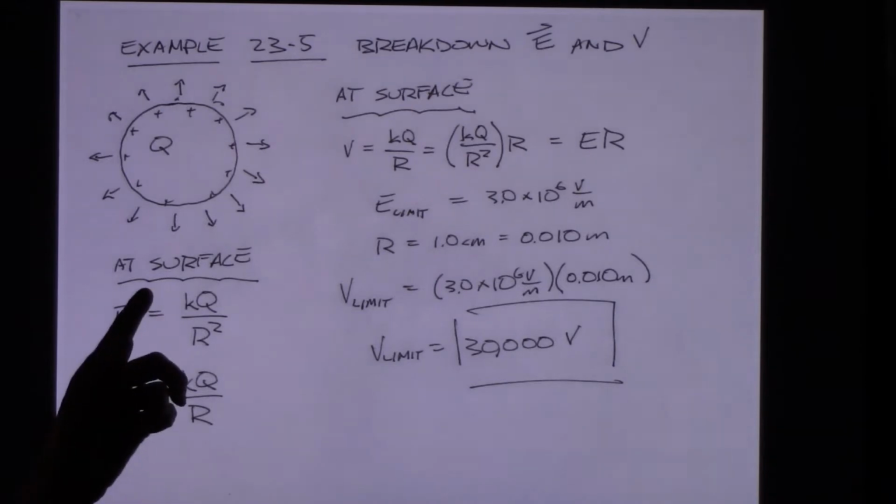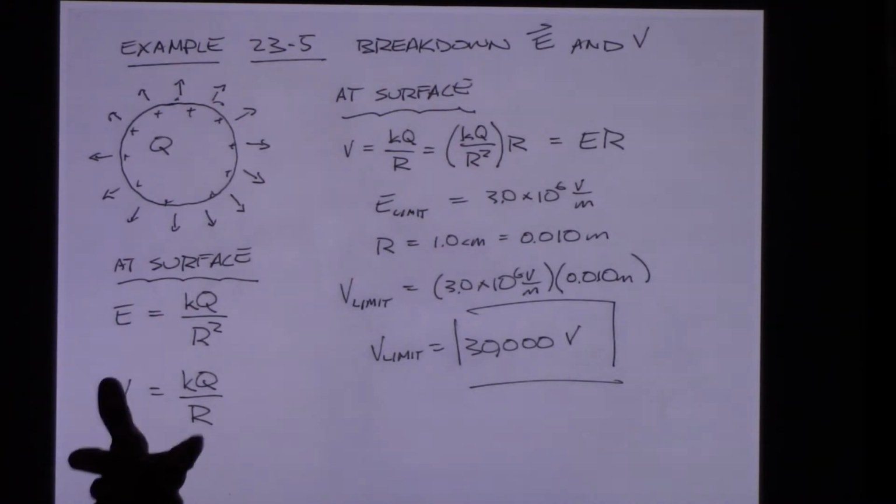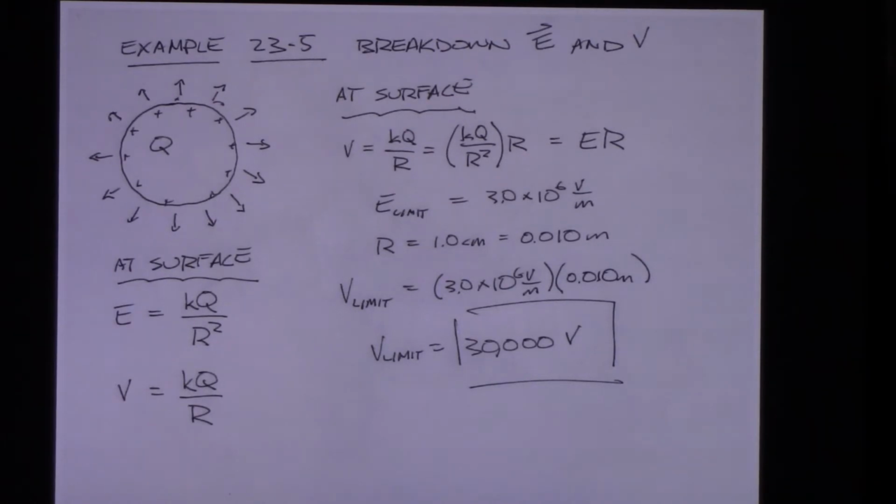That's a large enough electric field that the electrons on the nitrogen molecules and the oxygen molecules can separate and then start to conduct through the air, something like an electric spark or lightning.